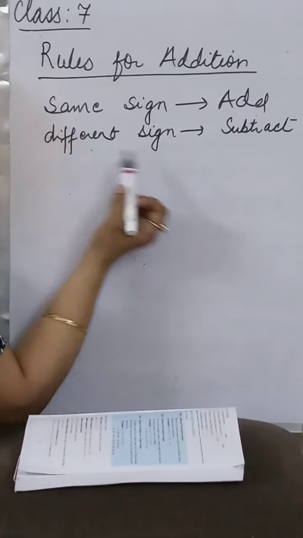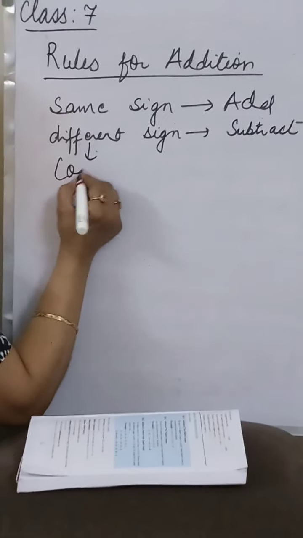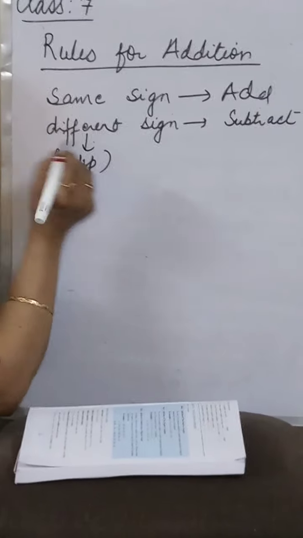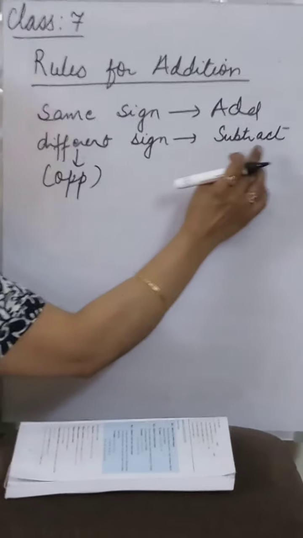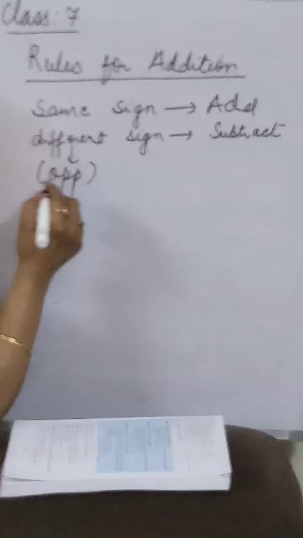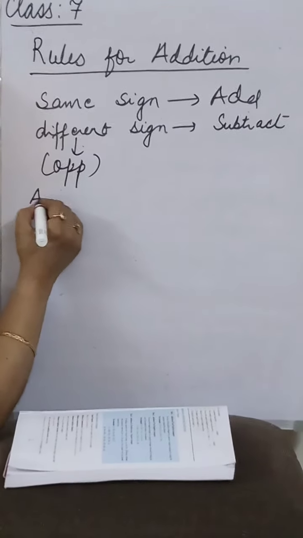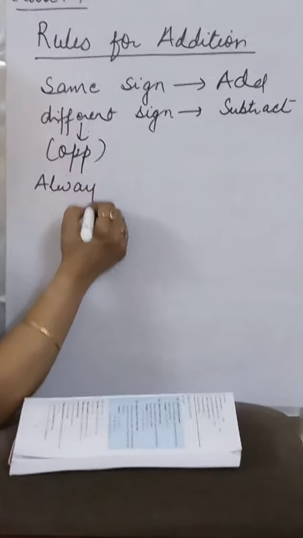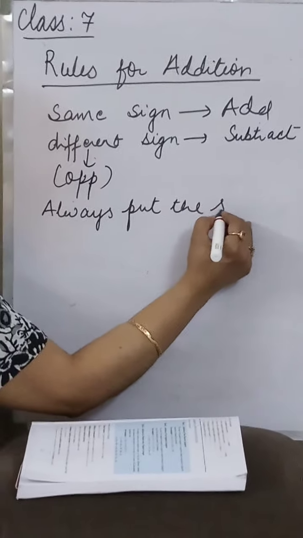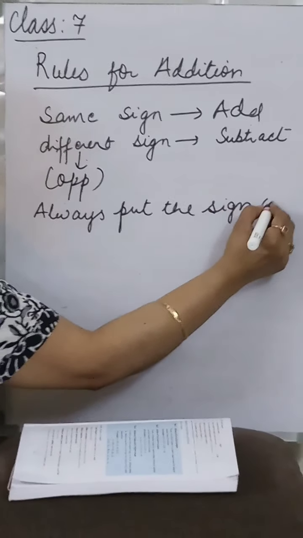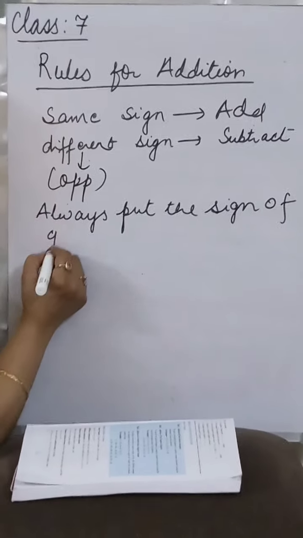If they have a different sign, different means opposite sign, that is one is having plus and another is having minus, then we subtract them, and we always put the sign of the greater number.